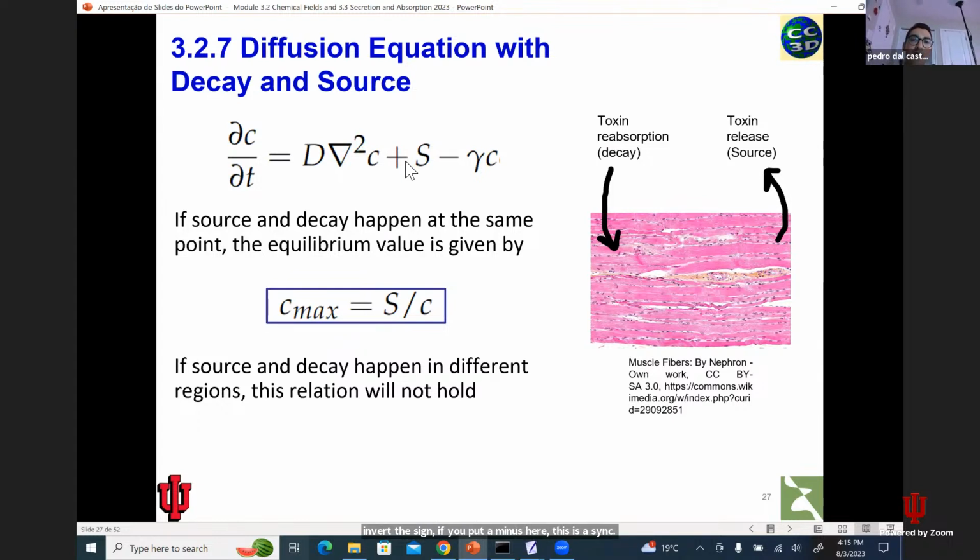And we have the decay here. The decay is minus a constant times the concentration field. So the sink is a constant rate, and the decay is proportional to the intensity of the field. These are the differences. If you have a high intensity of field, it will decay more than if you have a low intensity field.